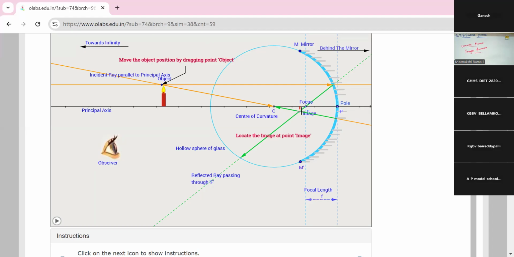That fixed point is called the principal focus. So we are getting some idea about what is pole, what is focus, what is center of curvature, and what is the principal axis. Okay, so next we are going to do the simulation.